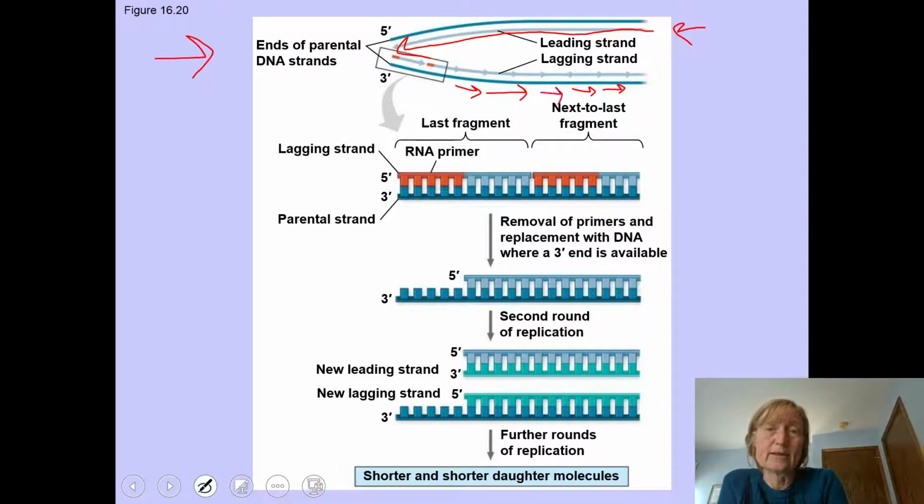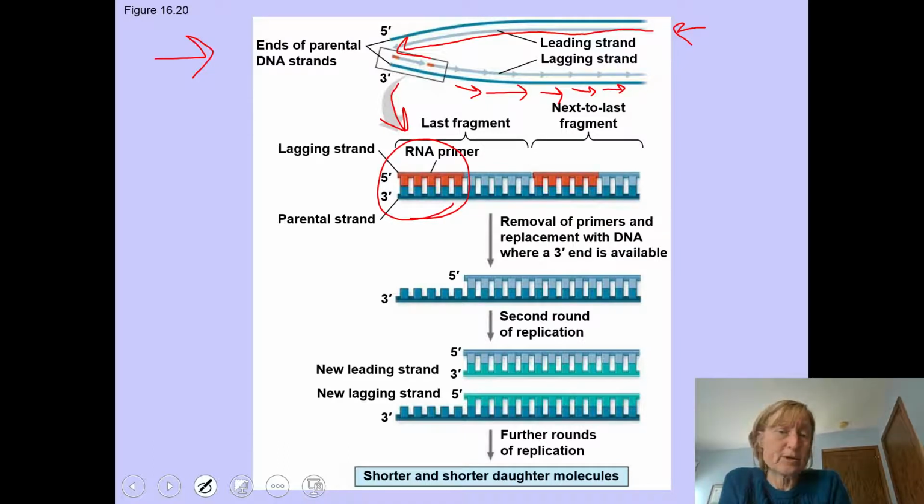The red component on this drawing are the primers. You can see that kind of in big over here, right? So you put in a primer, you build new DNA, and then you have to replace the primer, right? DNA polymerase replaces the primer, and it's all good, except the primer at the very end of the chromosome.